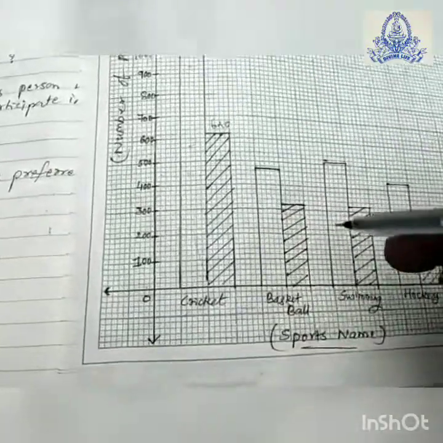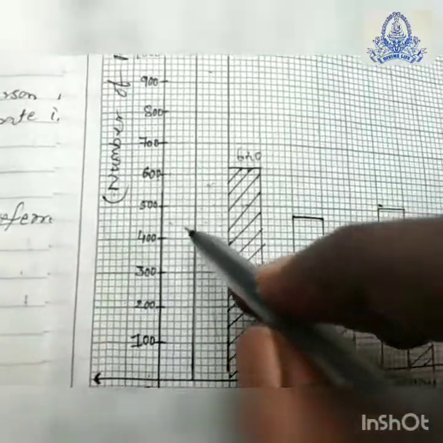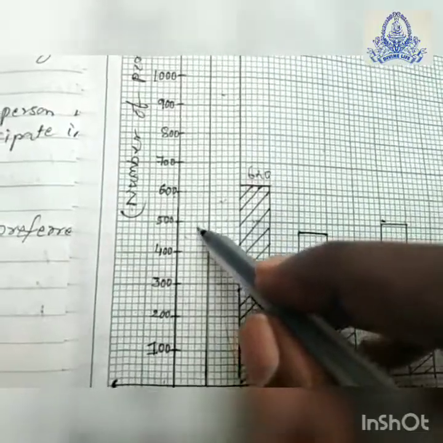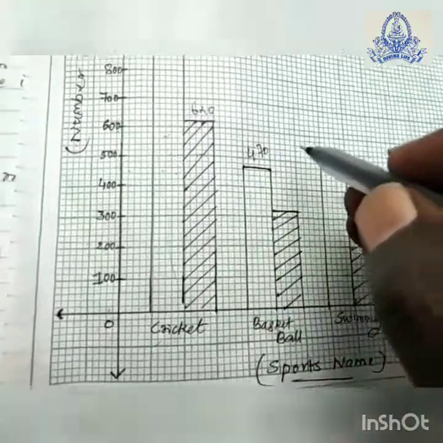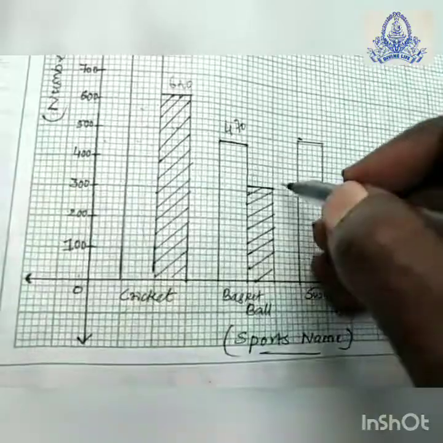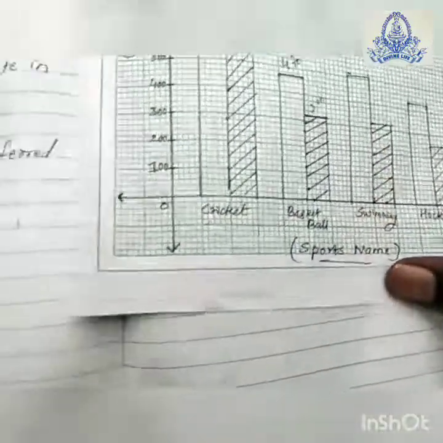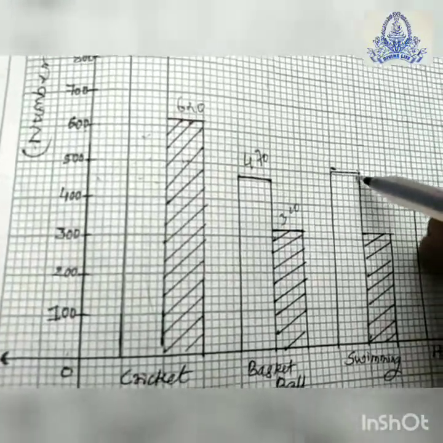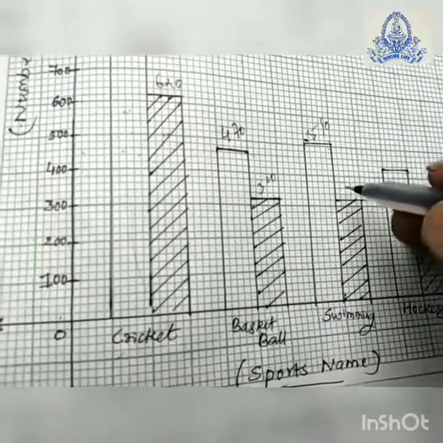Same way with the next one: basketball has 470 watching, so between 60 and 80 we will take 470. 470 people like to watch basketball, and playing is 320. Same way swimming has 510 watching, and participating is 320.